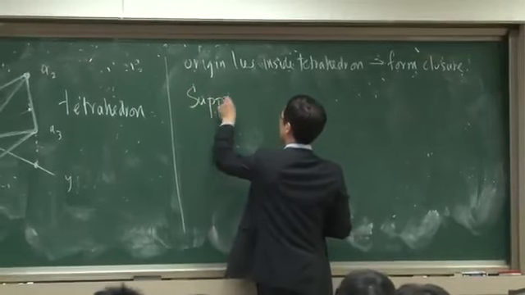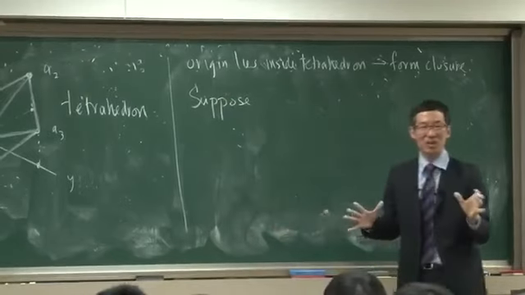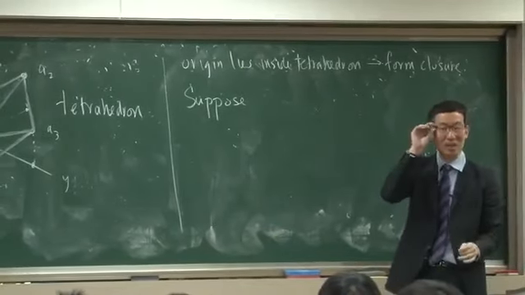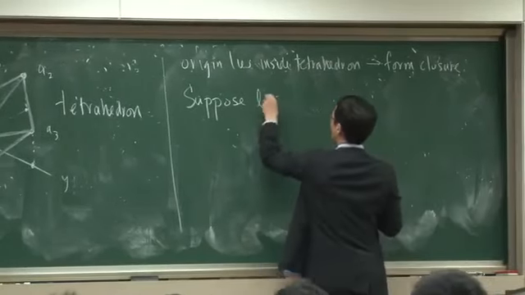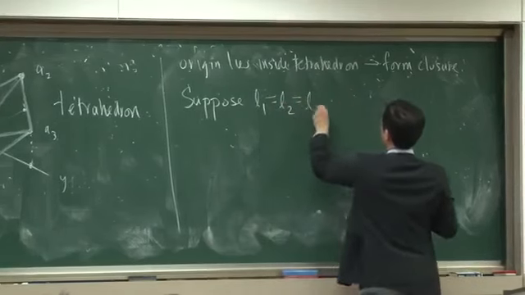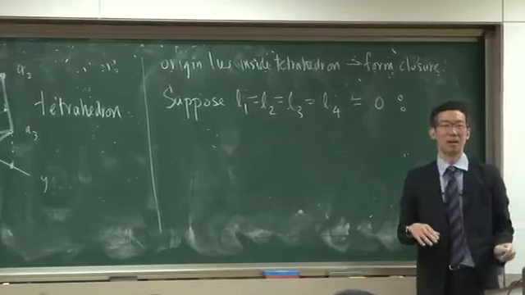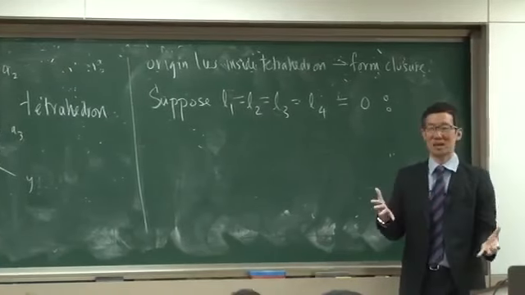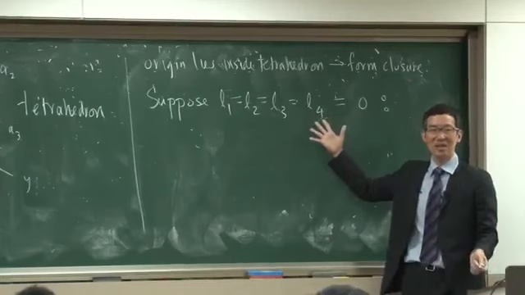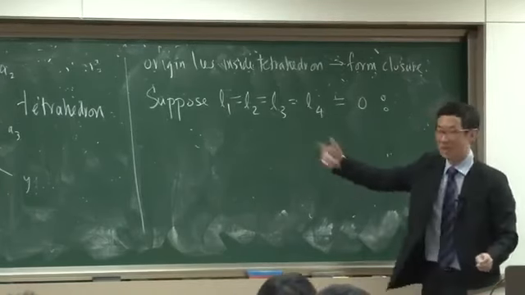Okay, last case. Now let's get the final answer to our question posed at the beginning of the class. Suppose now L1, L2, L3, and L4 are all 0. I told you that this is not good. Let's see what happens here.